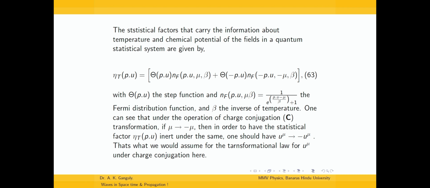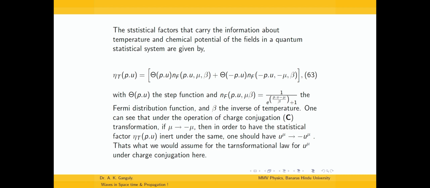So, under charge conjugation, if we have chemical potential sign changed and to conform itself to its original definition, then in the distribution function, we must have the change accompanied by a change in the velocity 4 vector u. So, that takes care of the distribution part of the statistical factor, and what remains is we have to make similar changes on the step functions so that under charge conjugation the statistical factor does not change or it remains the same.